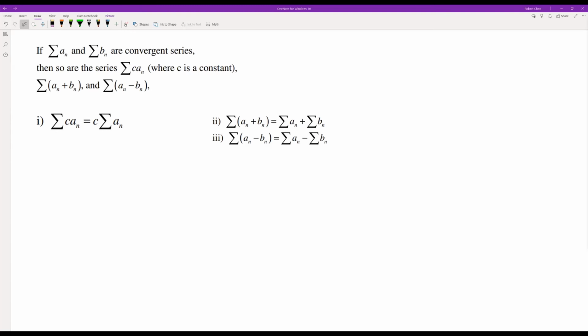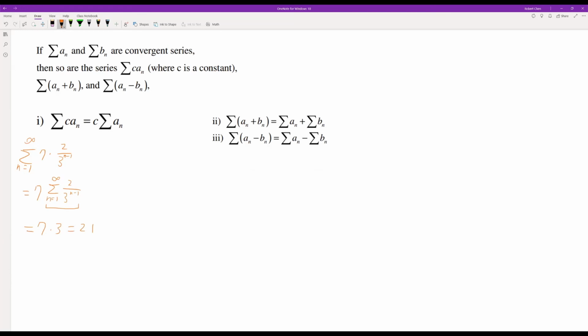One example for the first one: let's say we have 7 times the sum of 2 over 3 to the n minus 1. We saw that the sum of this is 3 from earlier. So we can bring the 7 to the outside, and then this whole thing is equal to 3, so it's just 7 times 3.